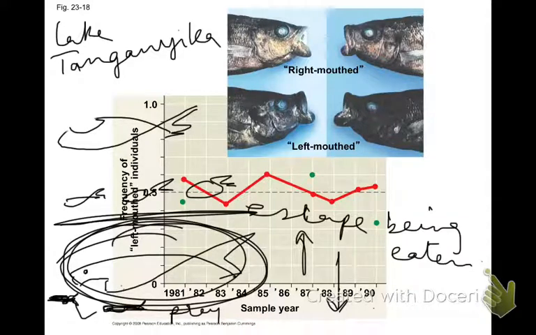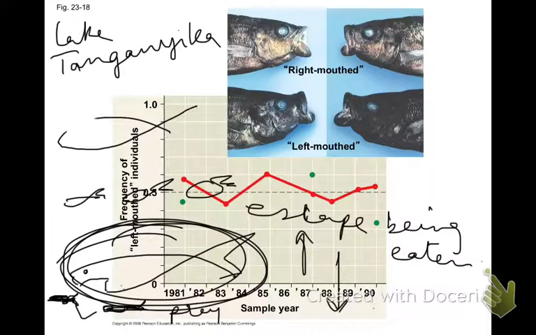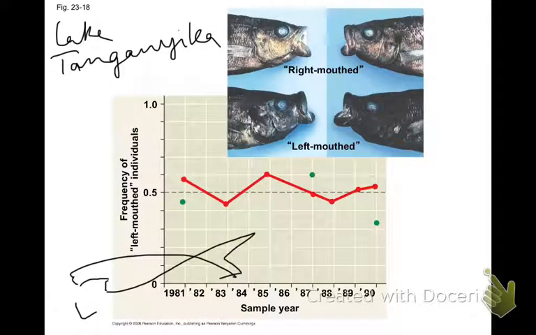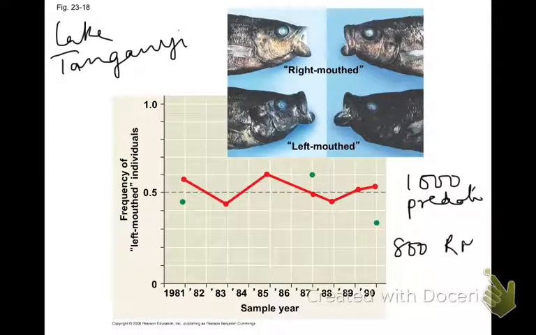So, I repeat, there are 2 types of fishes, predator fishes, left-mouthed and right-mouthed. Okay, if in the population in one of the seasons or years, I have a lot of right-mouthed fish, say there are 1,000 predator fishes, and 800 of them are right-mouthed.